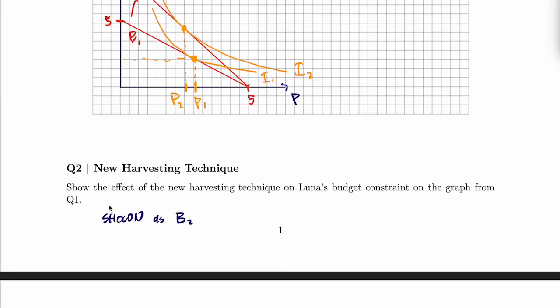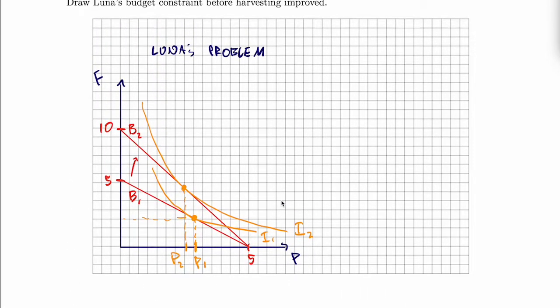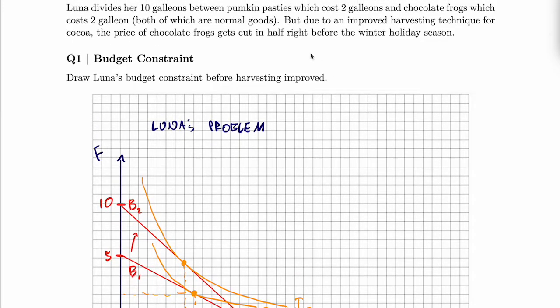All right, so the second question is to show the effect of the new harvesting technique on Luna's budget constraint using the same graph. With the new harvesting technique, the price of chocolate frogs gets cut in half, so the new price is 1 galleon.